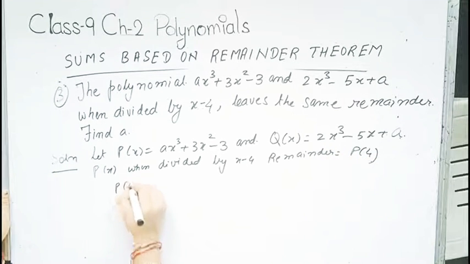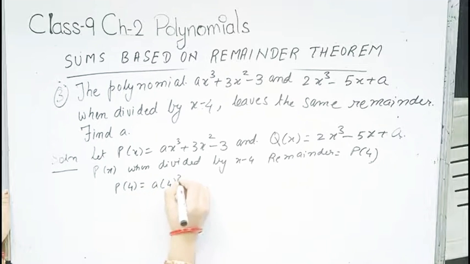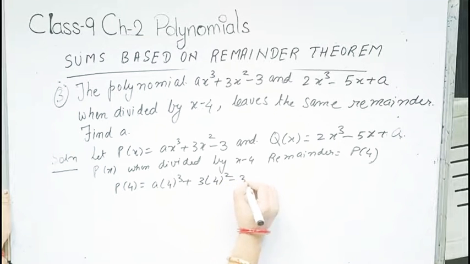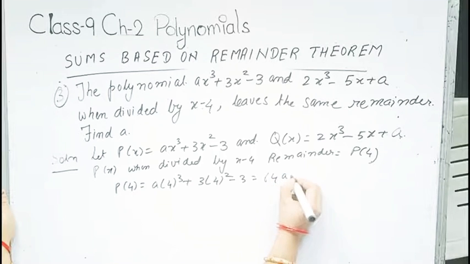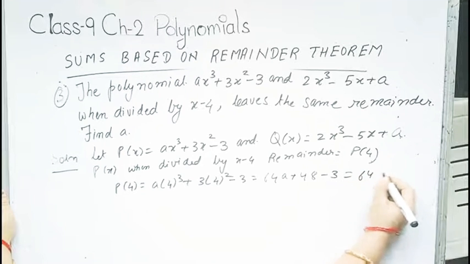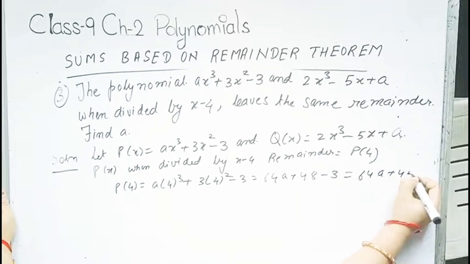Calculate P(4). P(4) equals a into 4 cube plus 3 into 4 square minus 3. This will come as 64a plus 48 minus 3 equals 64a plus 45.